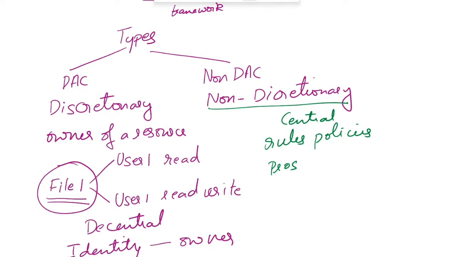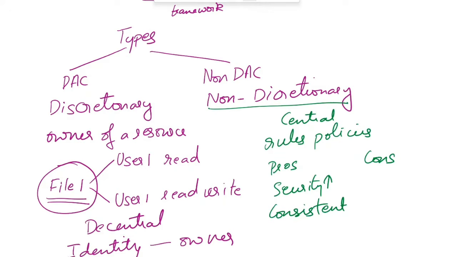Let's see the pros and cons of non-DAC. First, it provides better security than a DAC system, because the access to resources is based on some predefined set of security policies. This makes it difficult for the users to access resources that they should not be accessing, and it provides consistent access control.